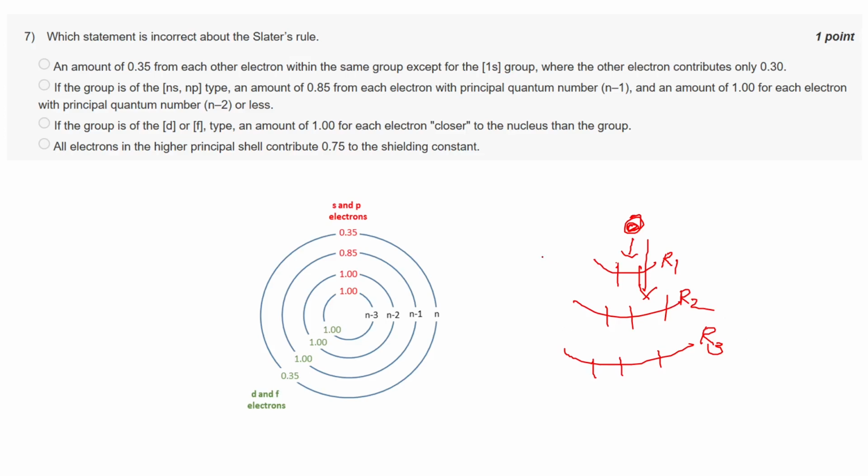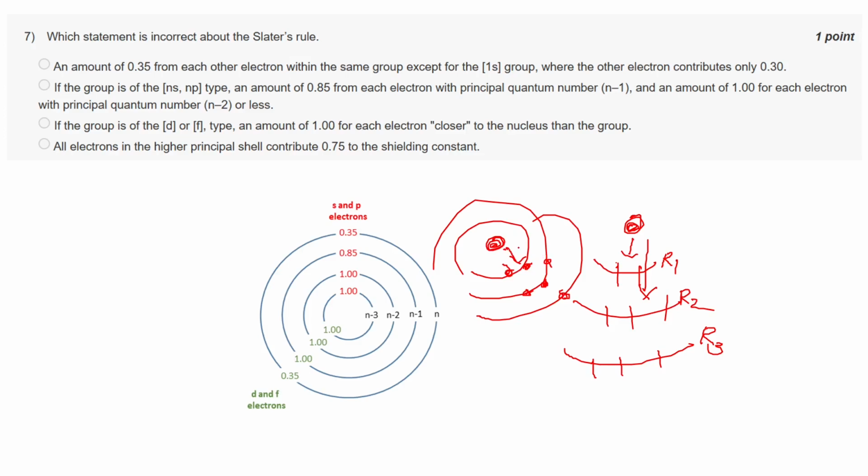If we compare the same scenario to the nucleus, we have a lot of orbitals, right? And we have electrons here. The nucleus can effectively see these inner electrons because there are no other electrons in between, and there is no other repulsion or attraction. So this electron can definitely feel the full power of the nucleus, but these other electrons cannot really see it because the inner electrons are covering them from the nucleus's power.